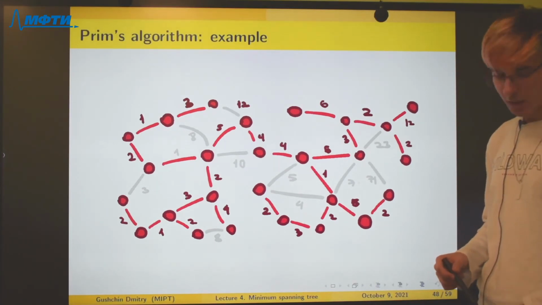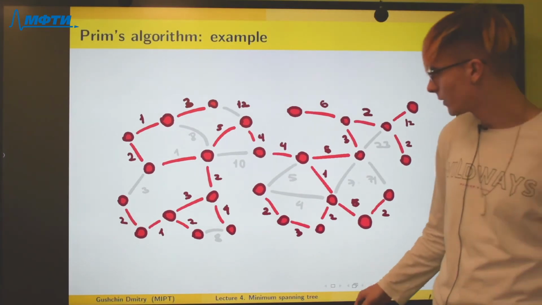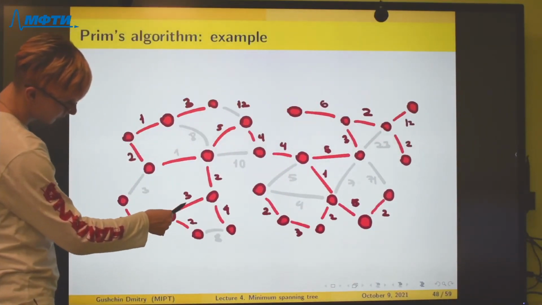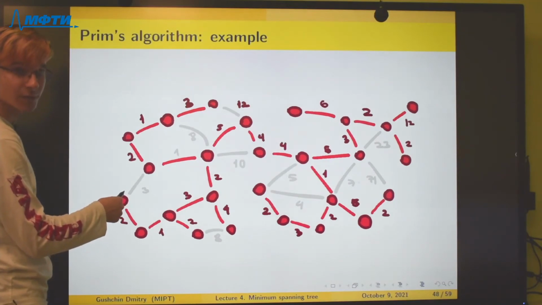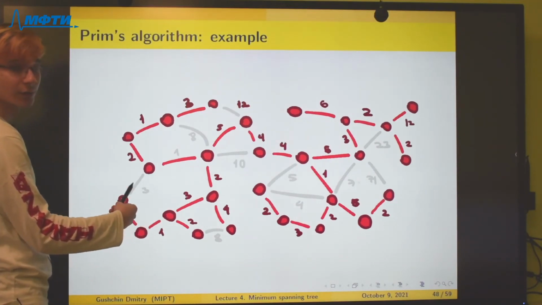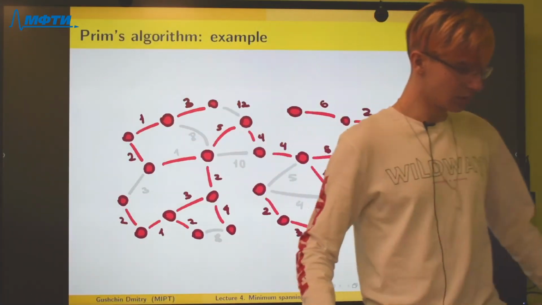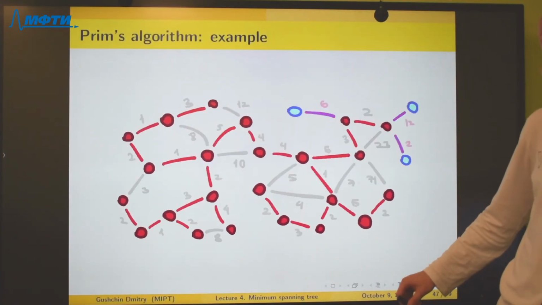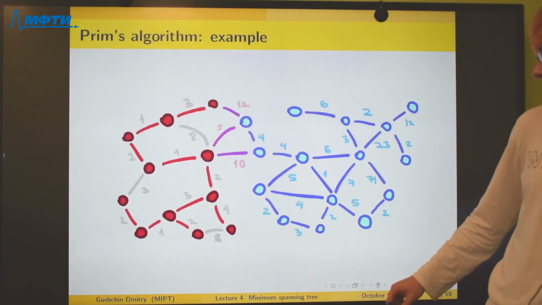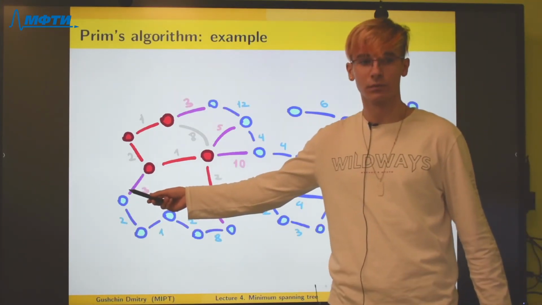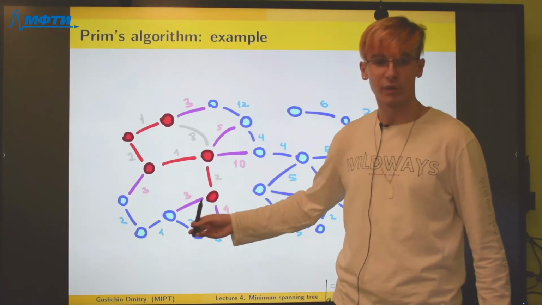Yeah, of course. And if you see, for example, in this minimal spanning tree, you can choose not this edge but this edge. You can swap these two edges, and you get another minimal spanning tree. And of course, if in this step you choose this, you get another minimal spanning tree.